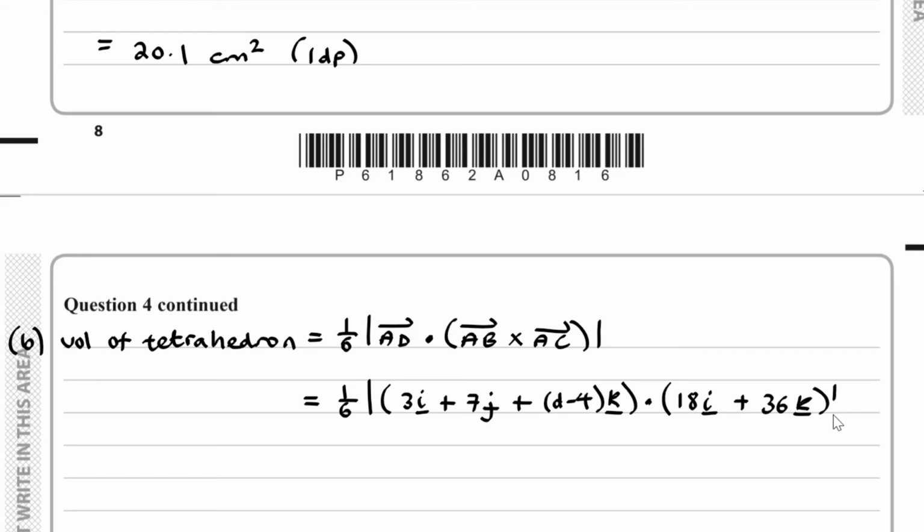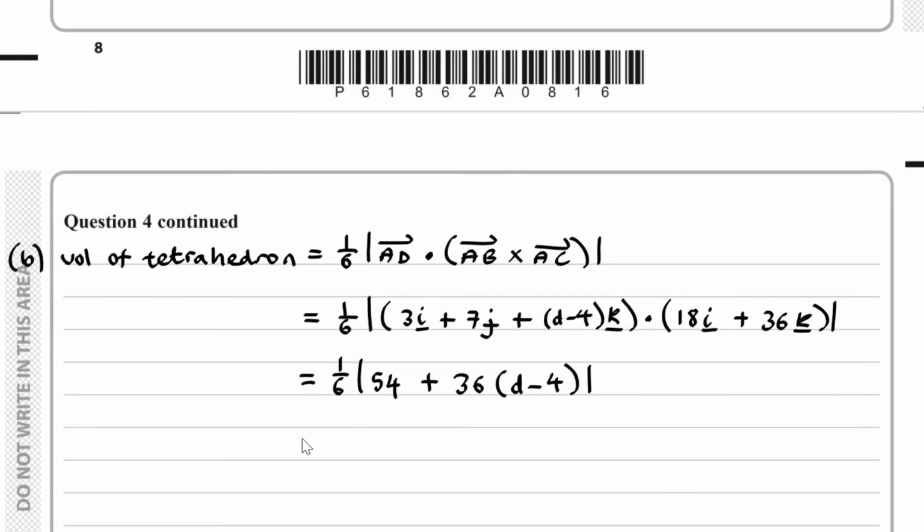Okay, so if we work this out, we have 1/6 lots of the magnitude of, well, 3 times 18, that's 54. 7j times 0j, that's 0. And then we have d minus 4 lots of 36. So we have 36 lots of d minus 4.